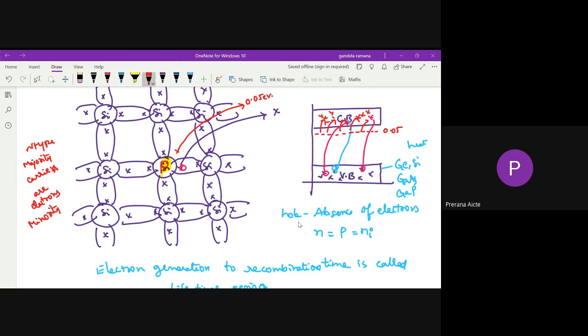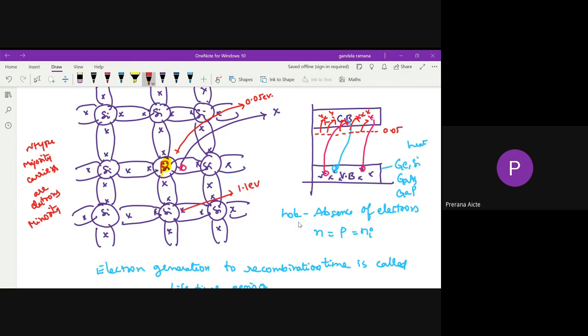How much energy is required to make this bound electron a free electron? 1.1 electron volt is required. But this loosely coupled electron requires only 0.05 electron volts to become free. That's why electrons jump very easily to the conduction band.